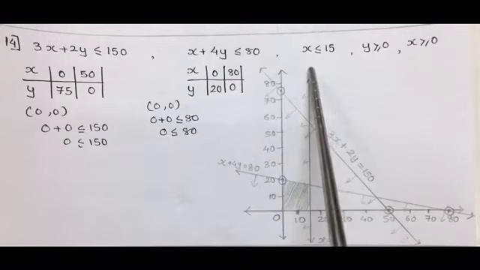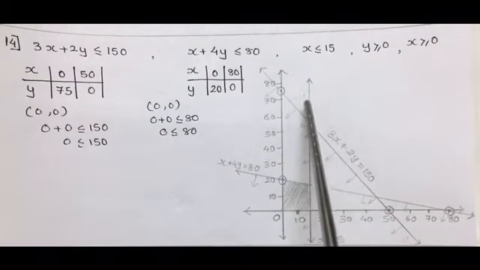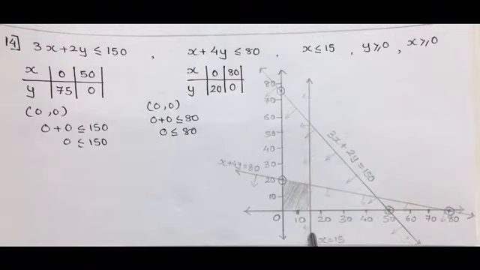Now x is less than or equal to 15. The line x equal to 15 is drawn passing exactly from 15. It is a vertical line perpendicular to the x-axis. X is less than or equal to 15 means all the points towards the left.